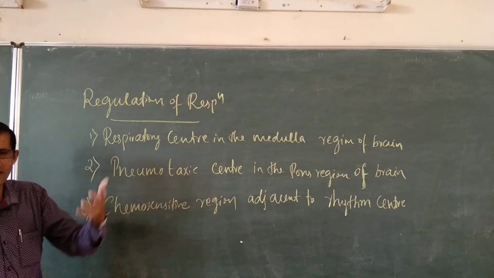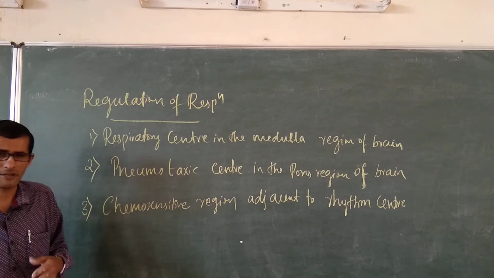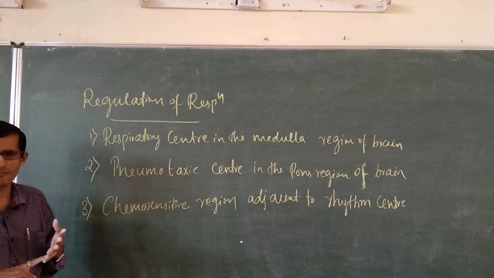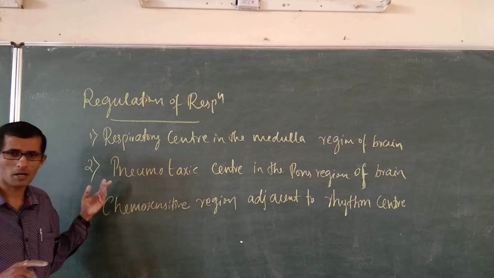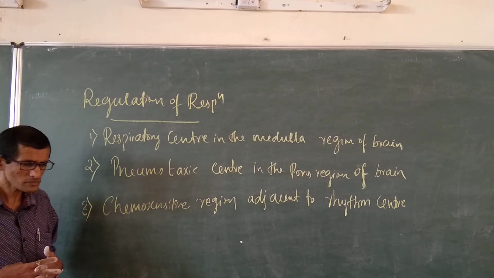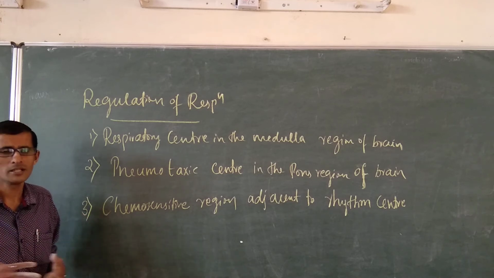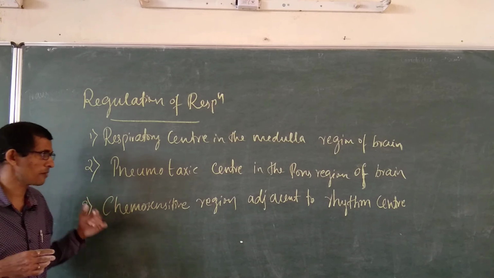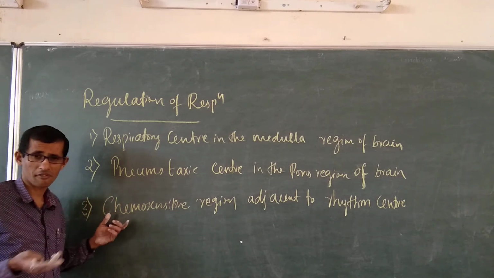The brain is divided into forebrain, midbrain and hindbrain. In the forebrain, there are the cerebrum, cerebral hemispheres, then thalamus and hypothalamus. In the midbrain, there are the regions for hearing and the regions for vision, optic chiasma, and the pituitary gland, the diencephalon portion.